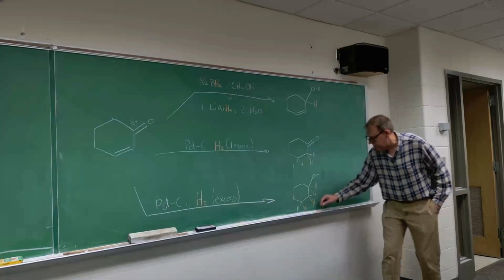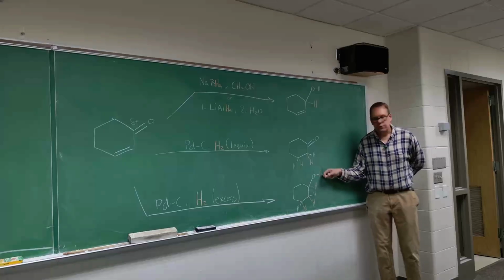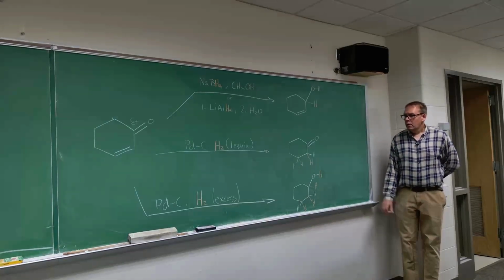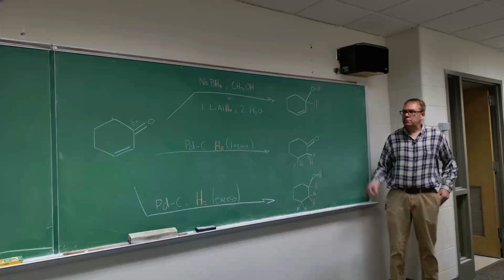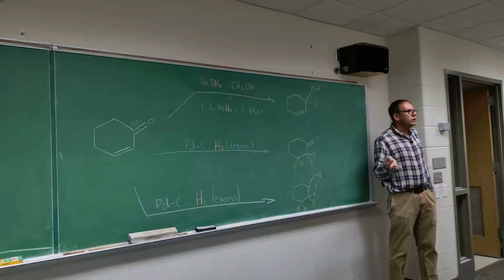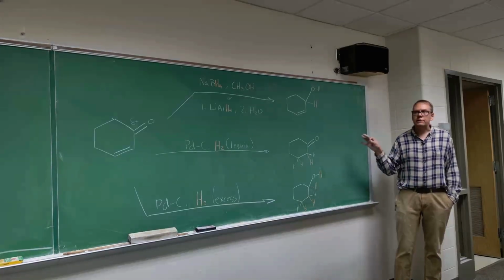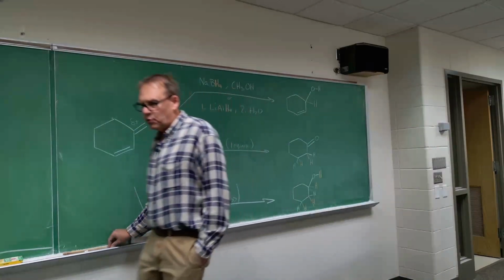And I should make this an orange hydrogen as well, just because that one also comes from the hydrogen. So depending on what you want to do, what do you want to reduce? You pick one of the 3 different options that we've got, and you can get that job done selectively. So there'll be practice with this in the homework, trying to get used to that and comfortable with it.